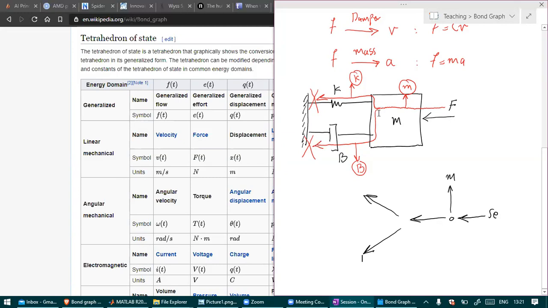So here we see that the force coming out of the mass is flowing in two directions, right? So what is being split at this junction?